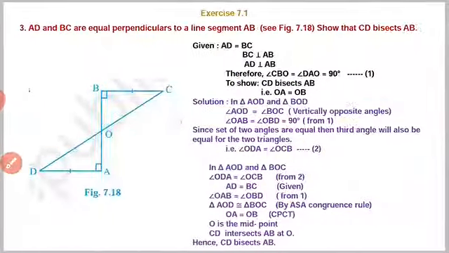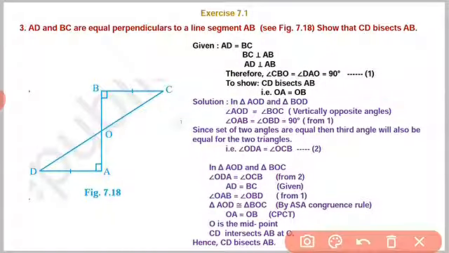It is given that AD and BC are equal and they are perpendicular to the line AB. That means these two angles are 90 degrees and they are equal. So we have two triangles we can see here, that is triangle BOC and triangle AOD. In triangles AOD and BOC, these angles are equal.